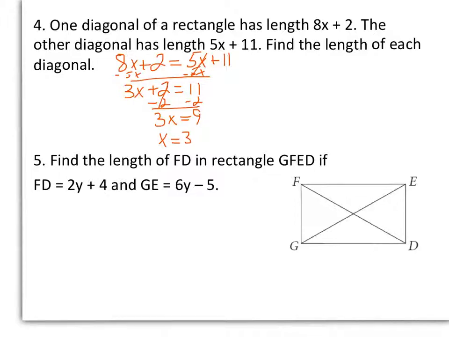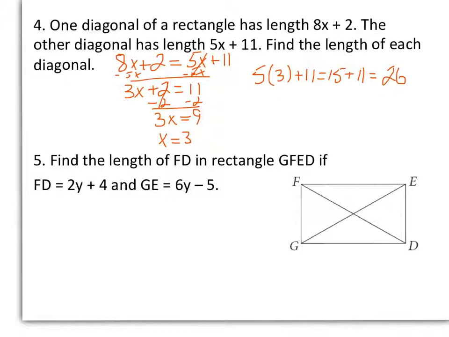Now I'm asked to find the length of each diagonal. Since they are congruent, it does not matter which expression I substitute in for. I'm going to choose the second one. So 5 times 3 plus 11. I get 15 plus 11, or 26. So each of my diagonals has a length of 26.